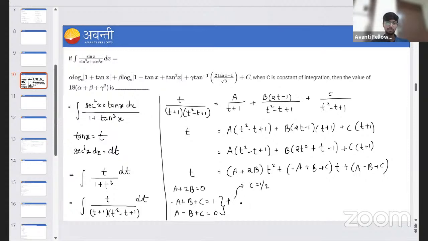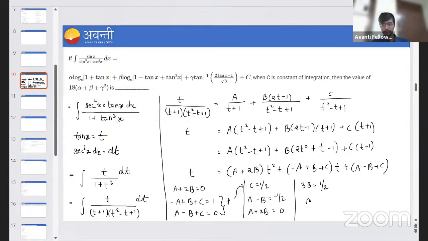So let us substitute here. I'll get a minus b equals minus half, since c equals half, and a plus 2b equals 0. If I subtract these two, I'll get 3b equals half.